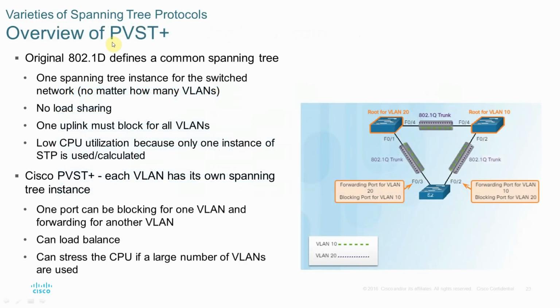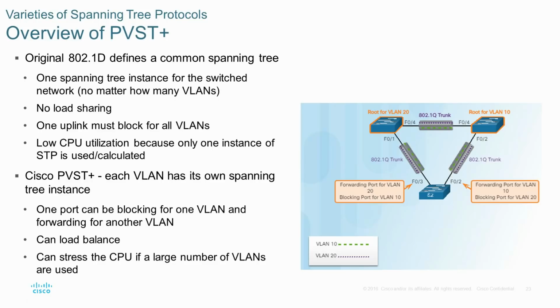Now we will discuss a little bit about PVST, an overview of PVST Plus. Before that, the normal spanning tree was originally 802.1d, which defines a common spanning tree: one spanning tree instance for the switch network, no matter how many VLANs you have.